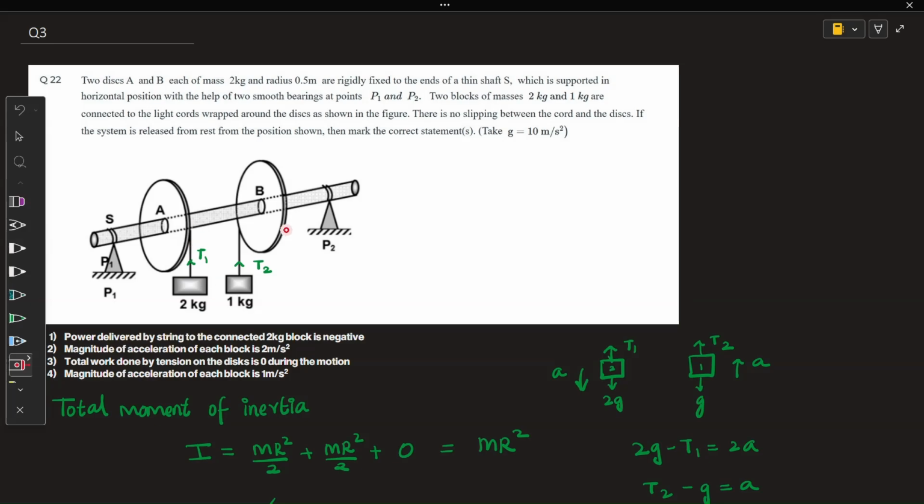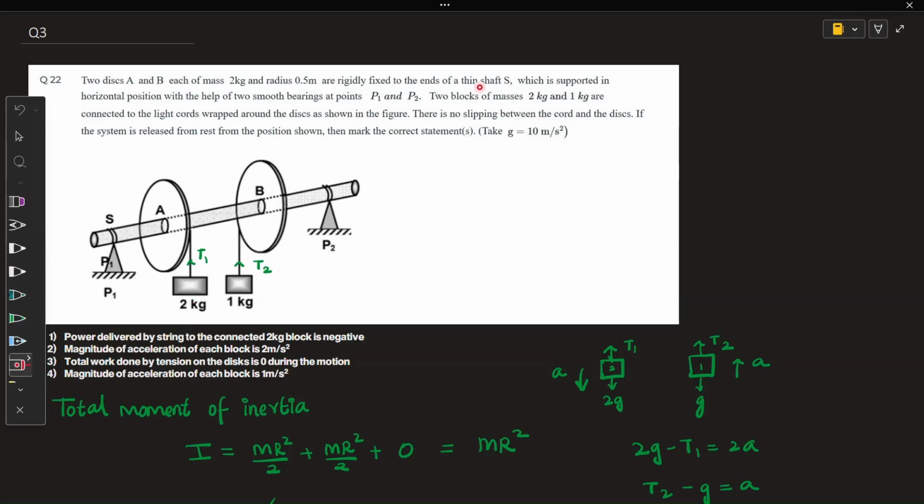Okay, and then these things are a pulley. Suppose I'm just attaching threads on both sides, with the blocks of mass 2 kg and 1 kg attached. Of course, this 2 kg will go down and this 1 kg will go up, and the whole system will rotate in this direction.